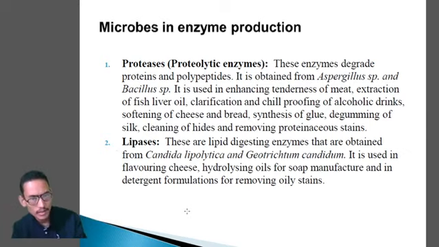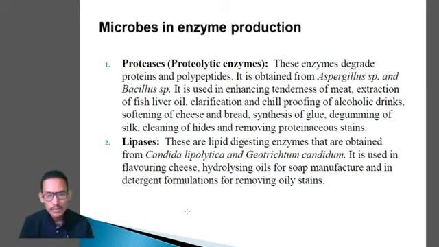So enzymes are proteinaceous substances capable of catalyzing biochemical reactions without undergoing any changes, therefore they are known as biocatalysts. The term enzyme was coined by William Kuhne in 1867.